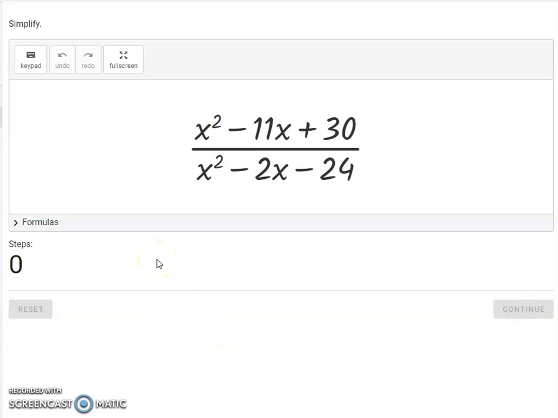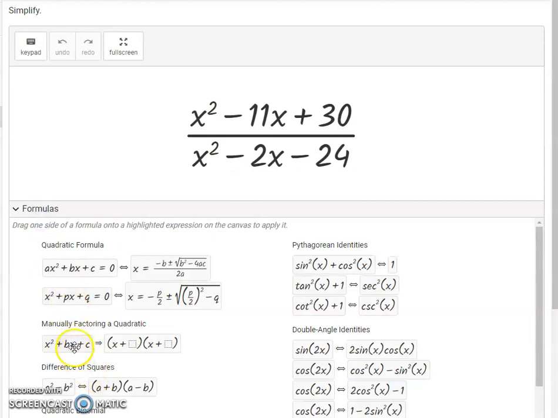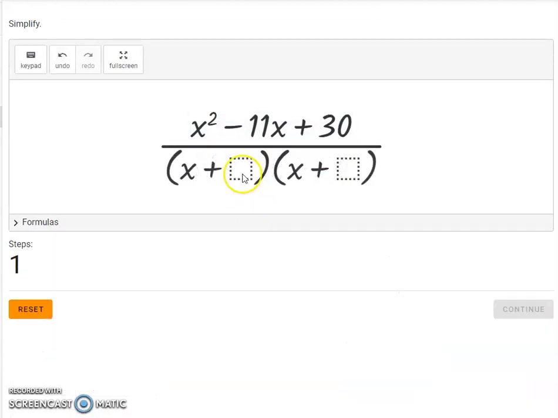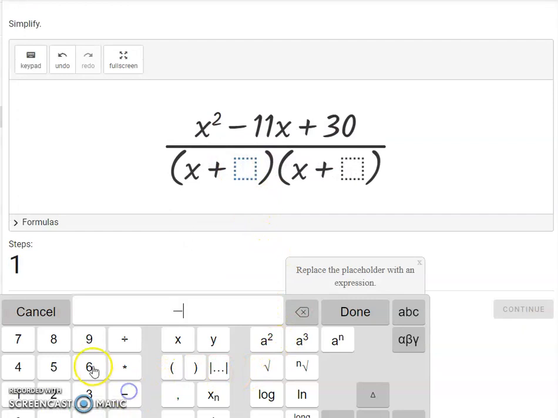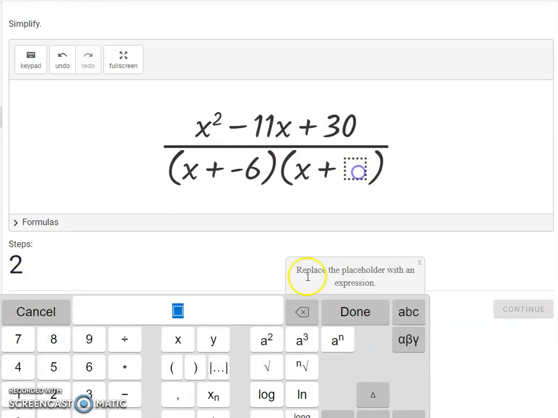In this third problem, we have two quadratics, so we're going to simplify both of them. And again, hopefully the goal is to get two factors, one in the numerator and one in the denominator, that are the same. So for the bottom one, we'd have x minus 6 and x plus 4.